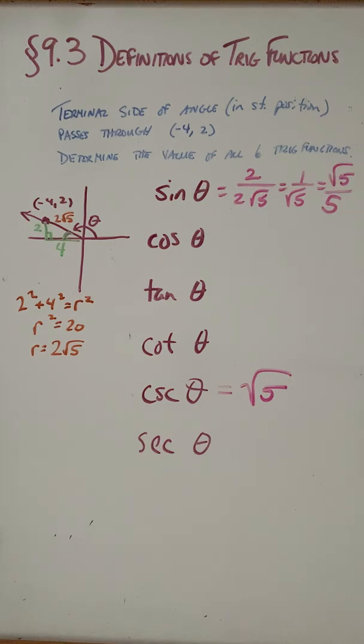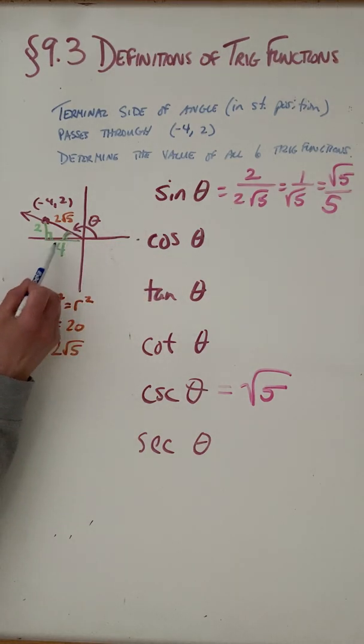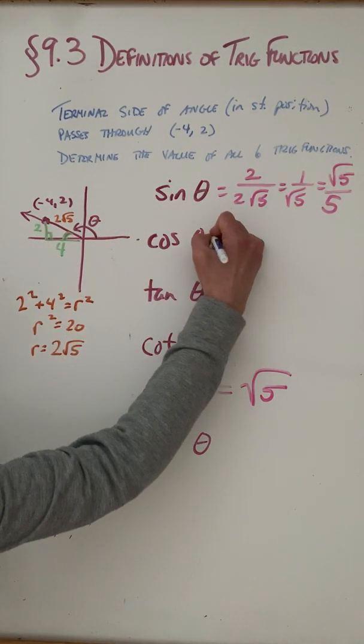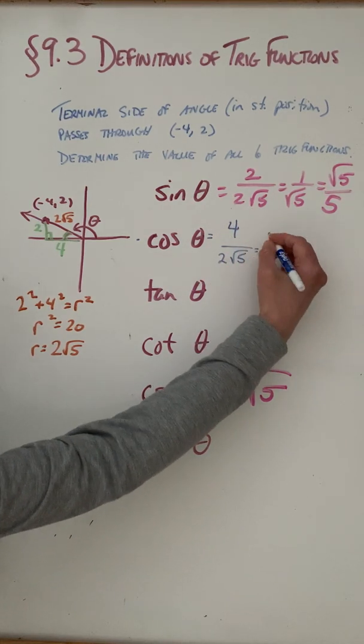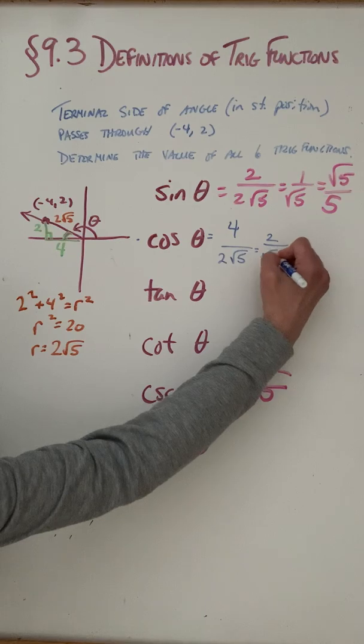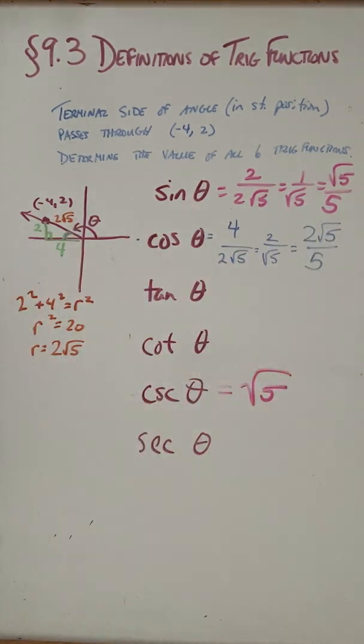Okay, now let's find the cosine of theta. We know that the cosine of theta is adjacent over hypotenuse. So that would be 4 over 2√5, which is 2 over √5, which if we rationalize is 2√5 over 5.